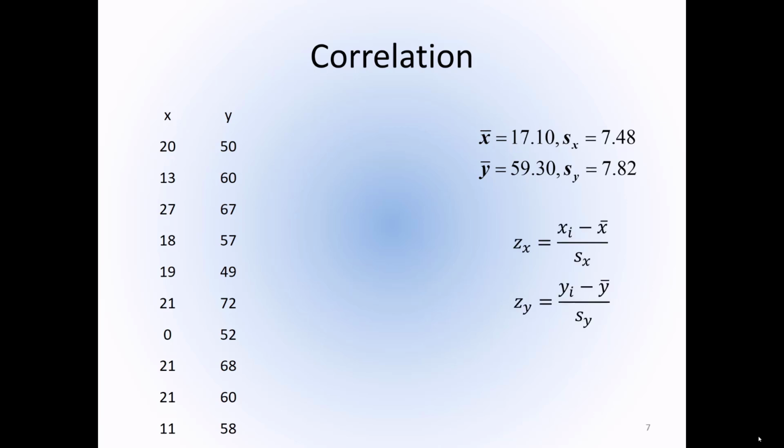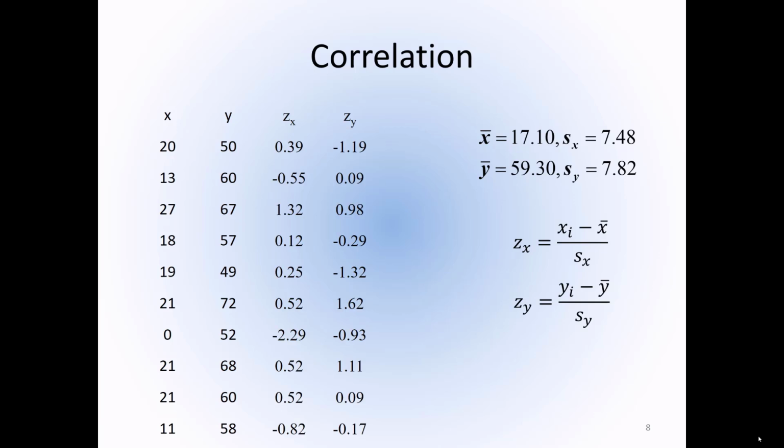From this information, we're then going to calculate our zx and our zy, because that is a part of how we're calculating our R value. So zx is our data minus the mean over the standard deviation. This is for each one of our respective variables that we are assessing. So we can go through and input our respective values into this formula, and we can get our zx's and our zy's.